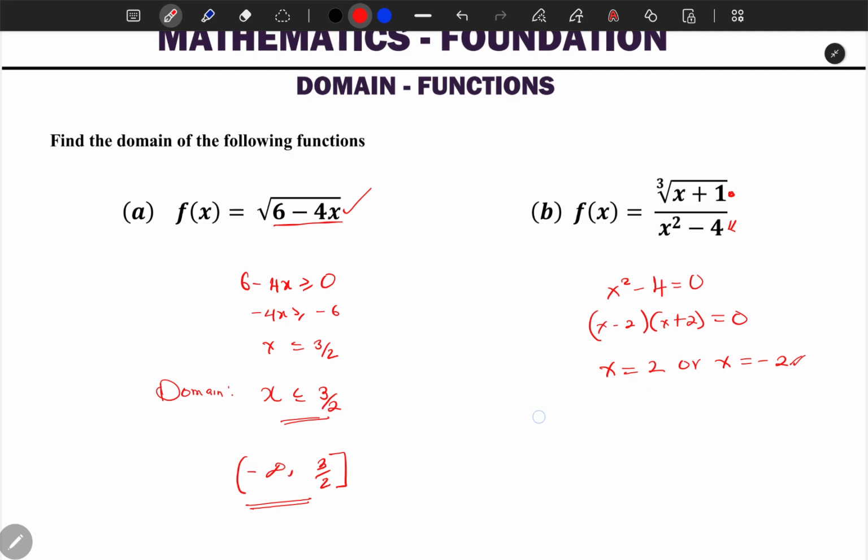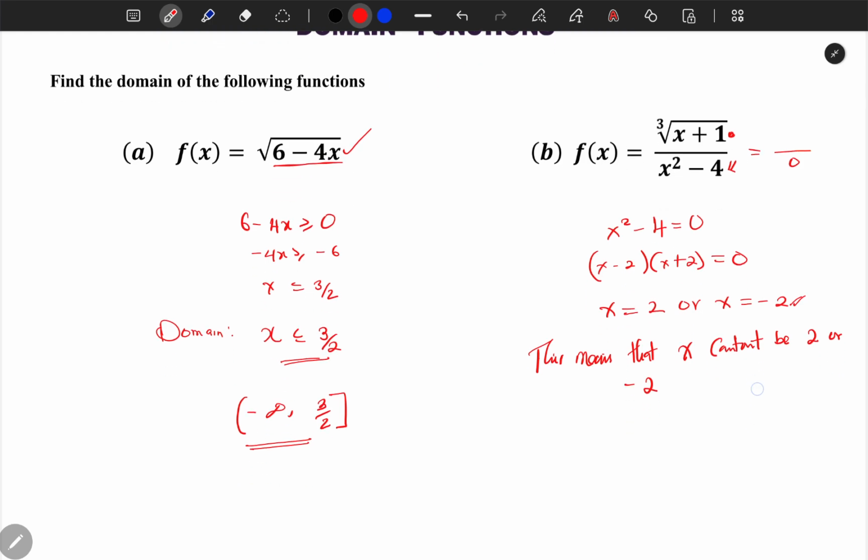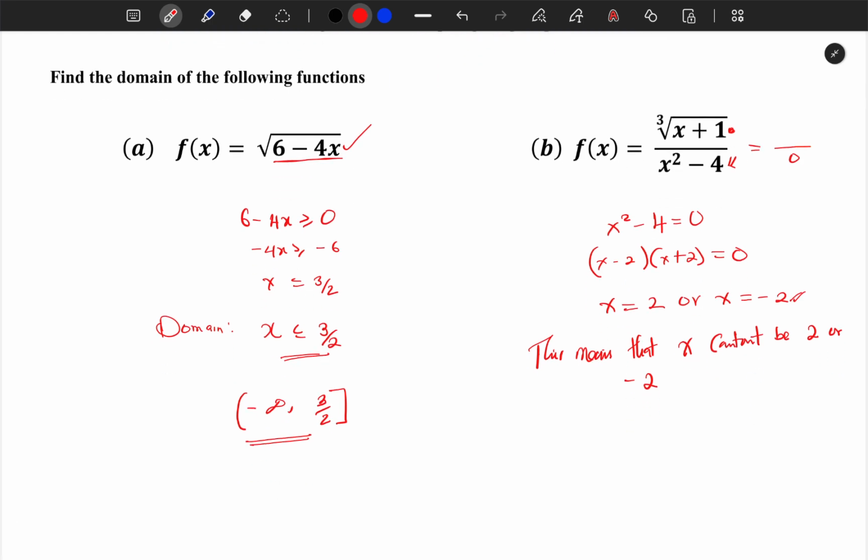If I even write the domain, this means that x cannot be 2 or negative 2. We don't need x as 2 or x as negative 2, because if we put it here, we are going to get something over 0, and we can't divide a real number by 0. So we are trying to avoid 2 and negative 2, so we only focus on the numbers outside that.